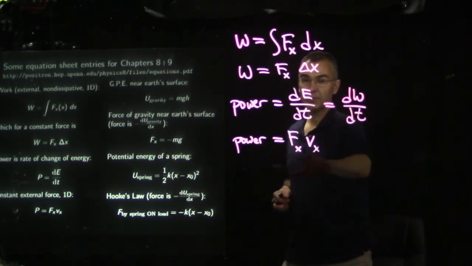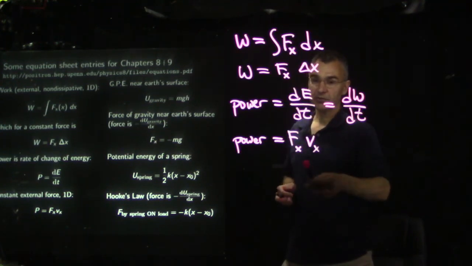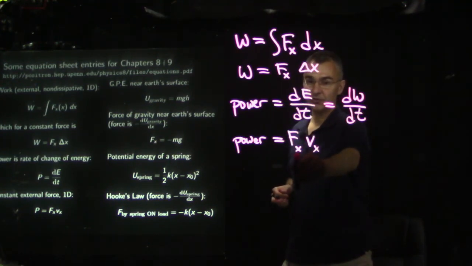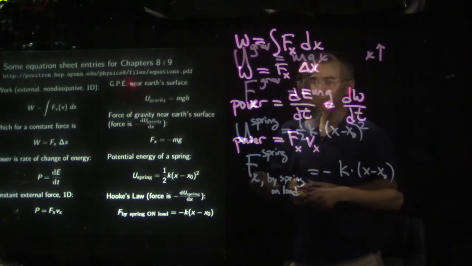It also turns out that power is force times velocity. So if you have an external force in the x direction, and the point of application of that force is being displaced in the x direction, then the power delivered by that external force is the x component of force times the x component of velocity.